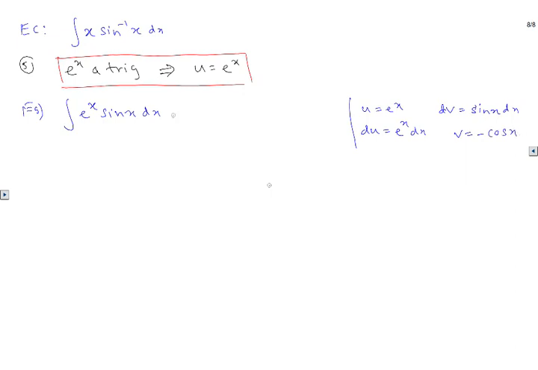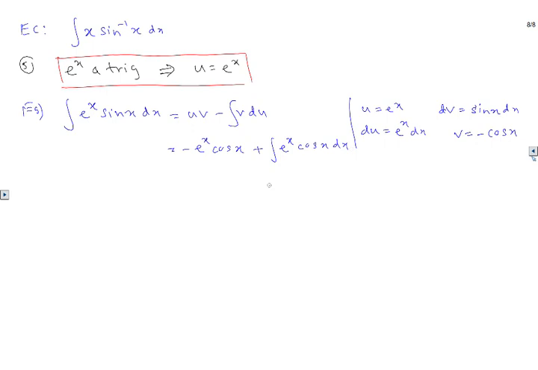Now let's plug in. So it is uv minus integral of v du. So what's going to happen if you plug in? You're going to get negative e^x cosine x, and then plus, you're going to get integral of e^x cosine x.